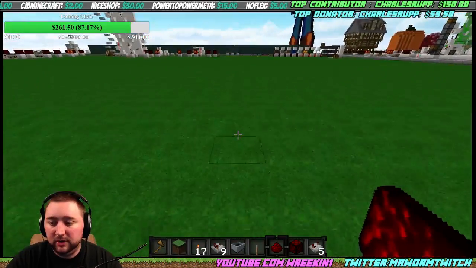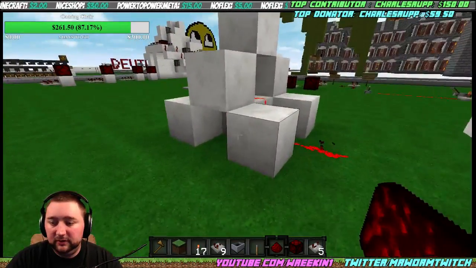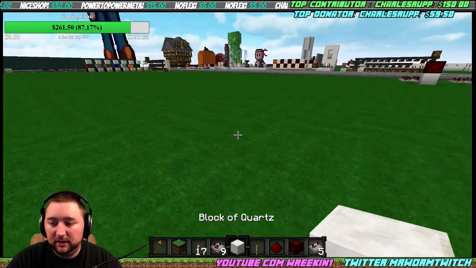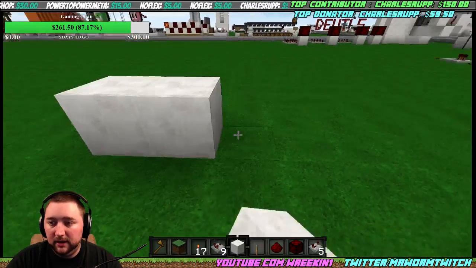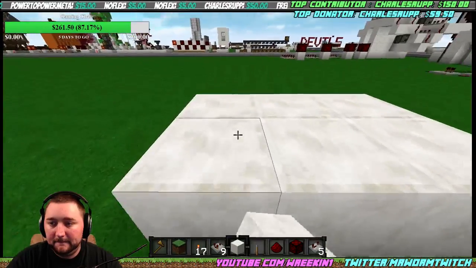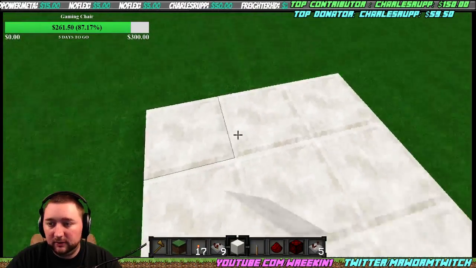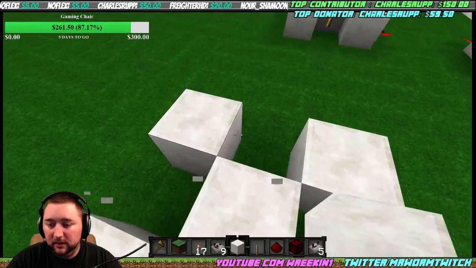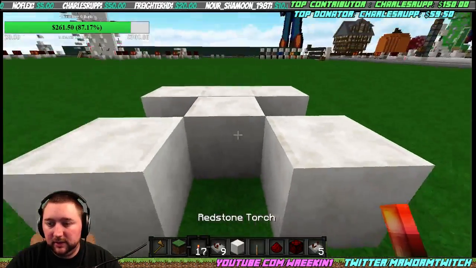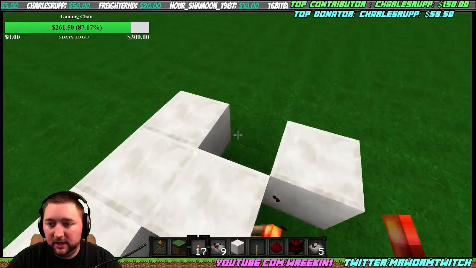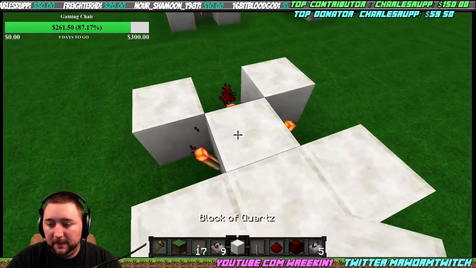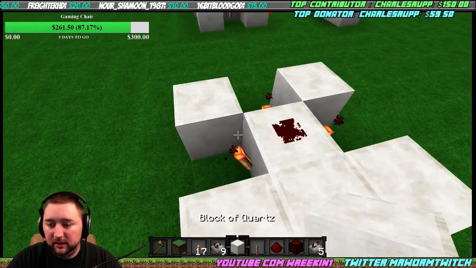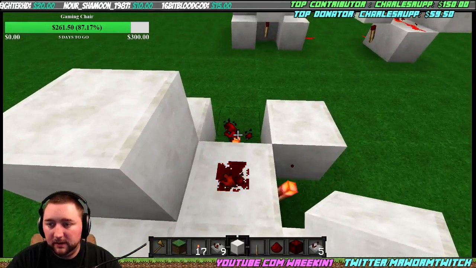Here, let me show you a simple, easy way to build a clock that doesn't burn out. Let me see if I get this right. Nope, not that one. Okay, you take something like this and throw a torch on each side, then throw redstone in the middle, and cover these up.